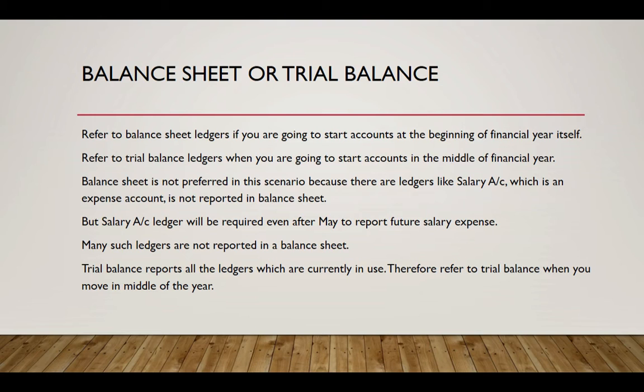For example, there are expense ledgers like salary account, which is not reported in the balance sheet, but it will be required even after the month of May to report future salary expense. So there are many such ledgers which are not reported in the balance sheet. Therefore, the trial balance is the preferred source document to extract ledger information.